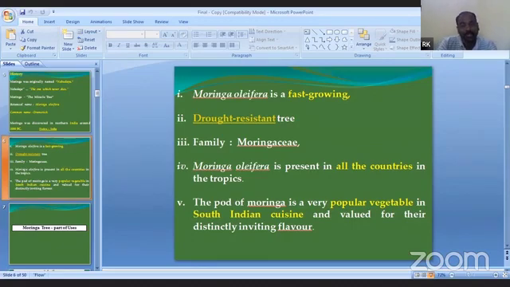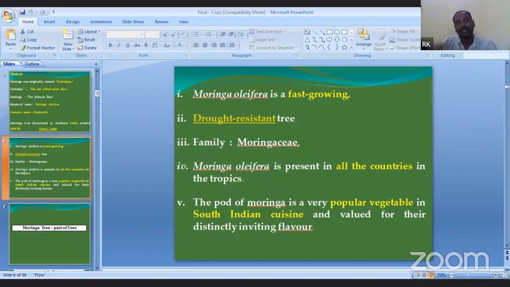Then the pod of Moringa. The pod means the fruit; when the fruit is dried, it is called a pod. The pod of Moringa is a very popular vegetable. Everybody knows it. Why am I putting this line? When we say Moringa or drumstick, we know it is a vegetable and we use it for cooking.